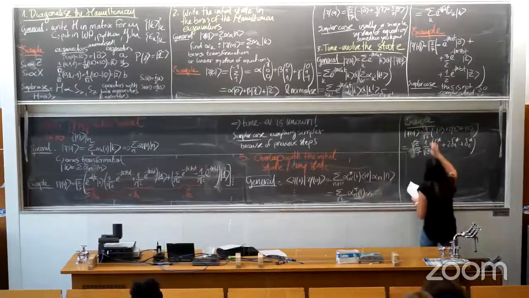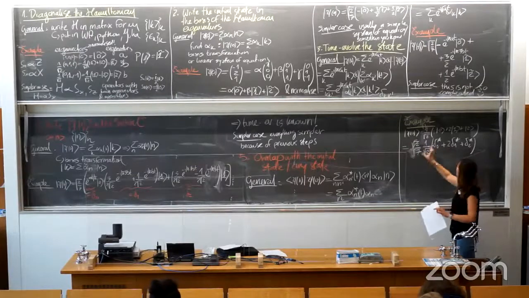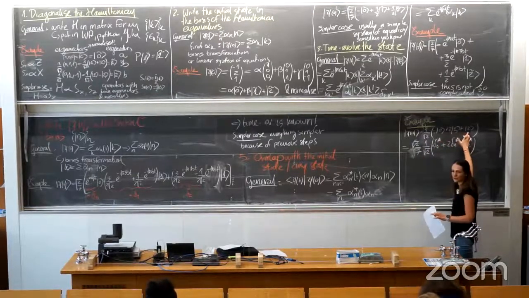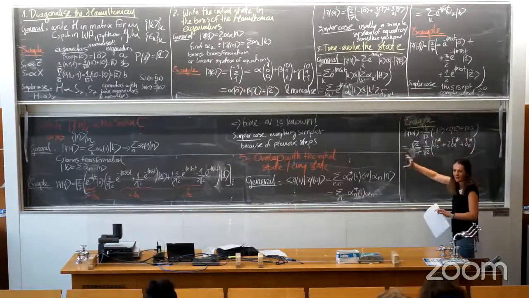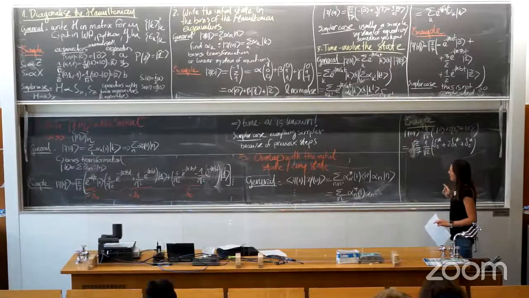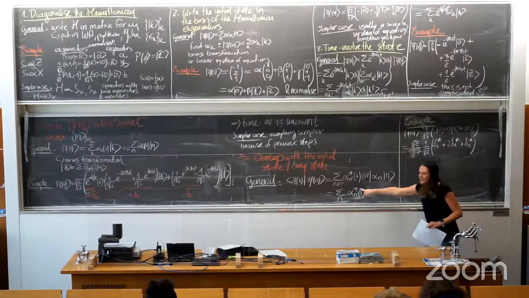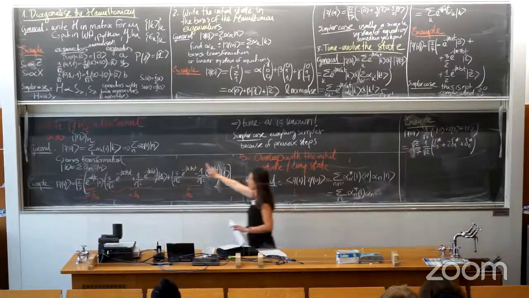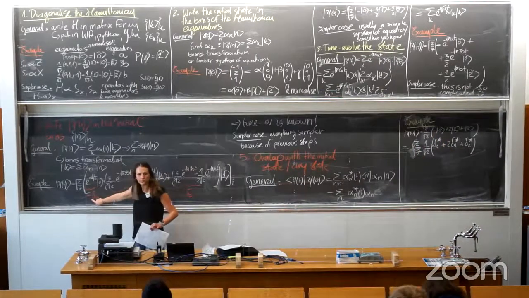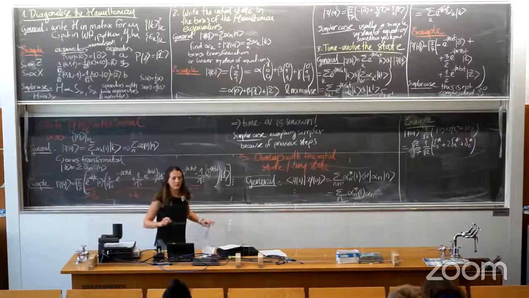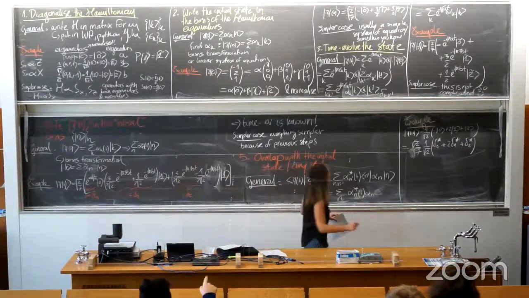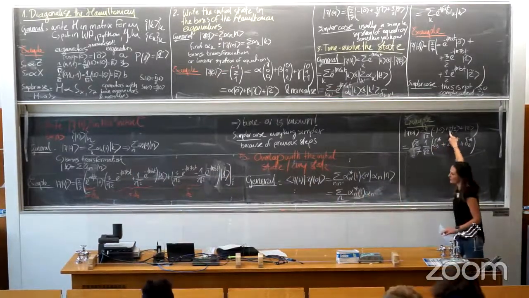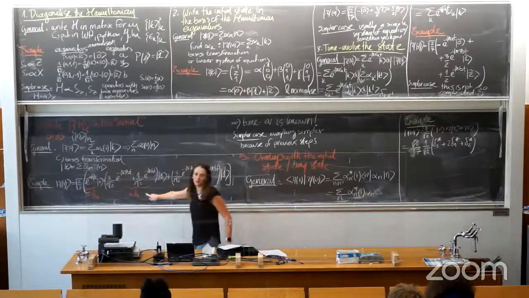Here I put the normalization factor so that I only have to see this coefficient. Then I start in my first state, so n equals 0. Here I have a -1, and here I have a rho 0. So I multiply these two. Here I have a 2, here I have a rho 1.